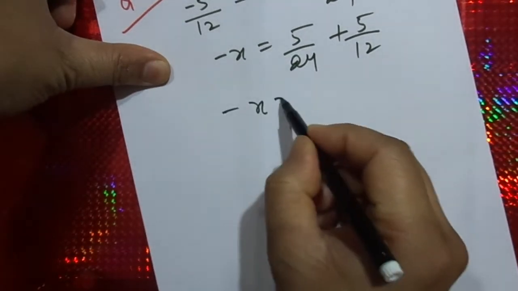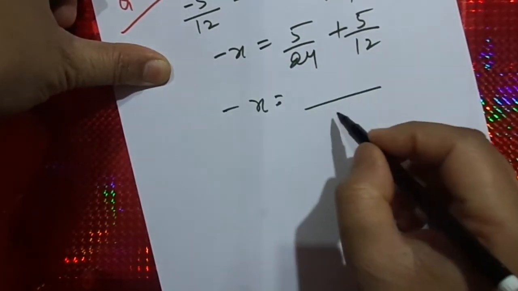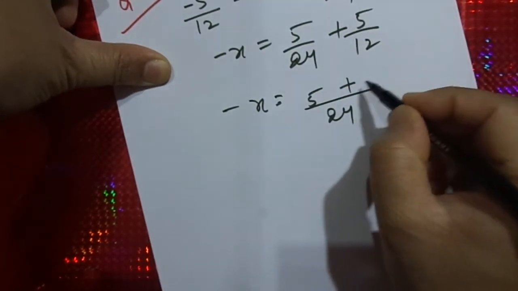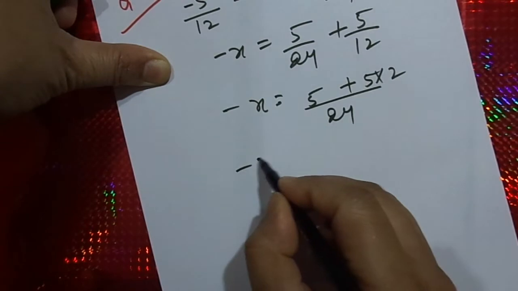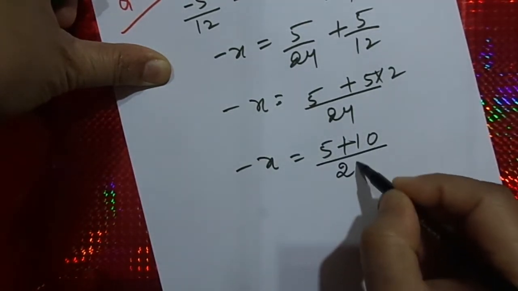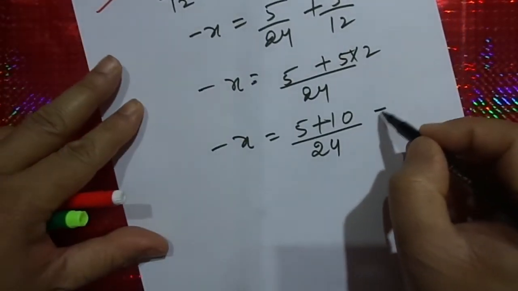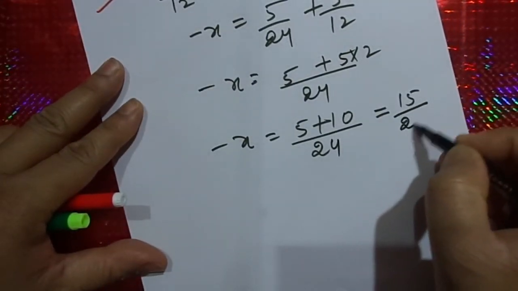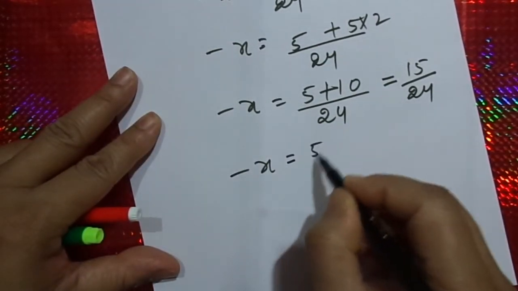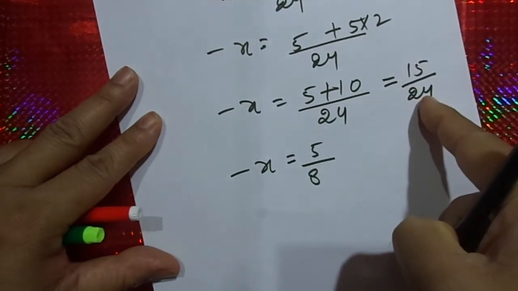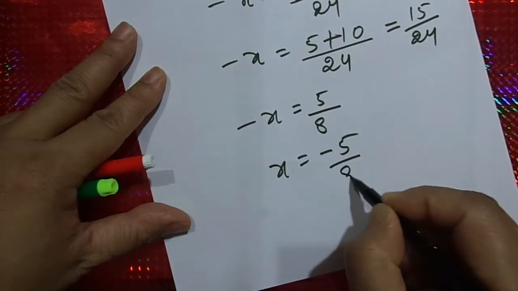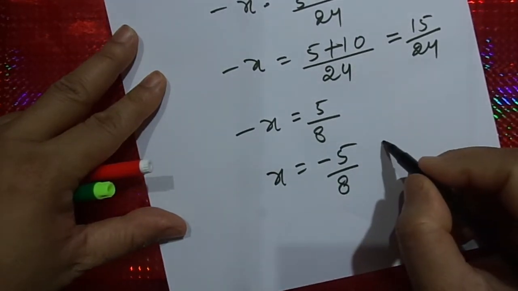So minus x will be equal to, over 24, 5 into 1 plus 5 into 2, which is 5 plus 10 by 24. The letters are big enough to be visible, isn't it? So minus x is equal to 5 by 8 after cancellation. So x will be equal to minus 5 by 8, isn't it?